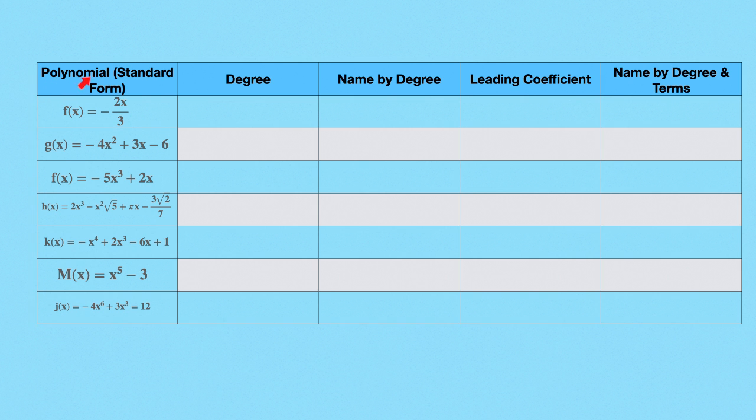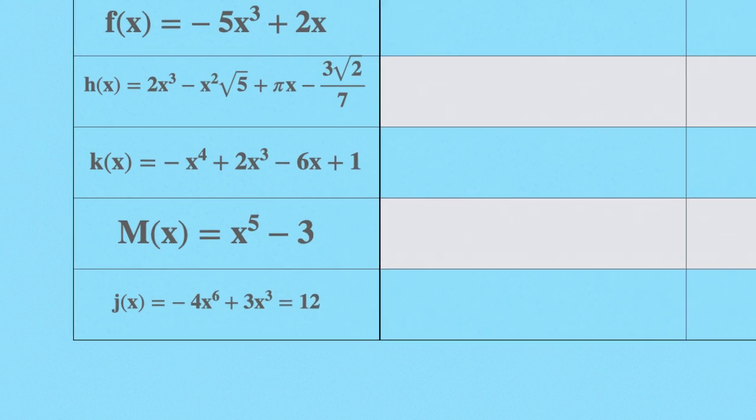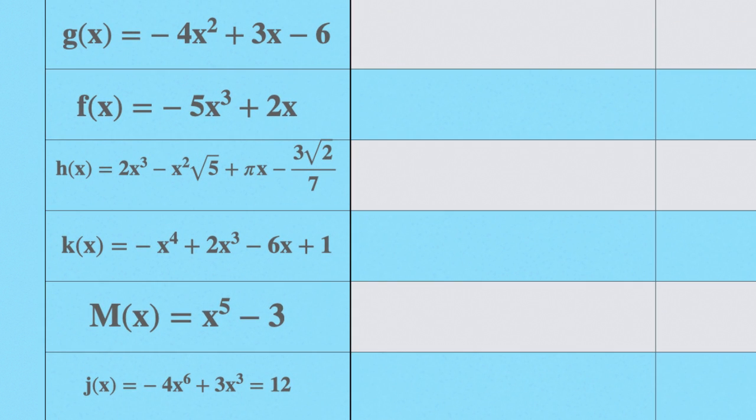So we've got polynomials listed, so you don't have to check if they're polynomials. They are. Okay, they're also in standard form. Now that helps us out a ton because that means the highest degree exponent is always first. If you look at h here, for example, zoom in there so we can see them really good. You can see it goes x cubed, x squared, x to the 1st, and then there's no x's in this last term.